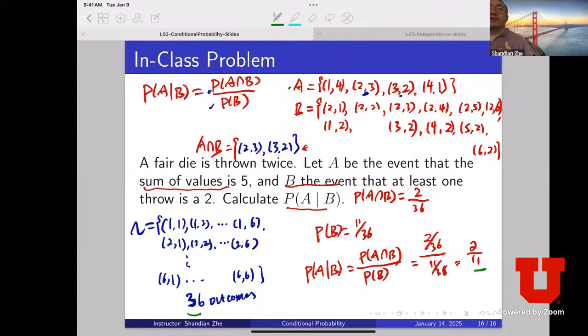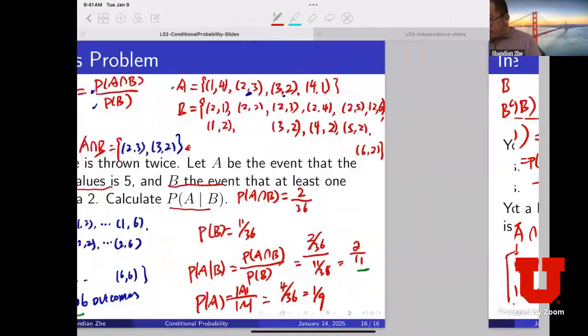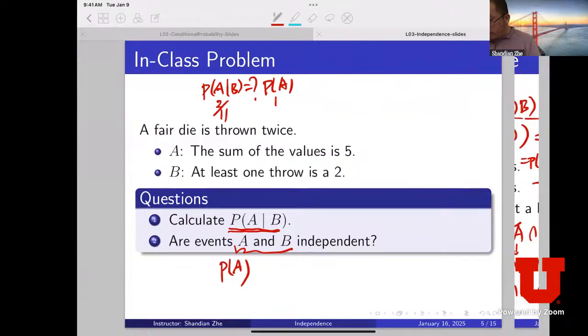So P of A is the size of A divided by the size of the sample space, which is 4/36, which is 1/9.